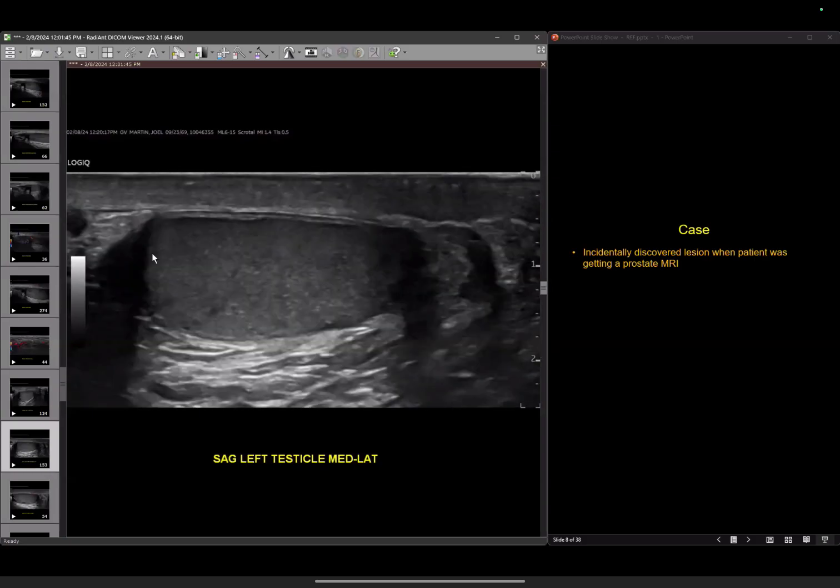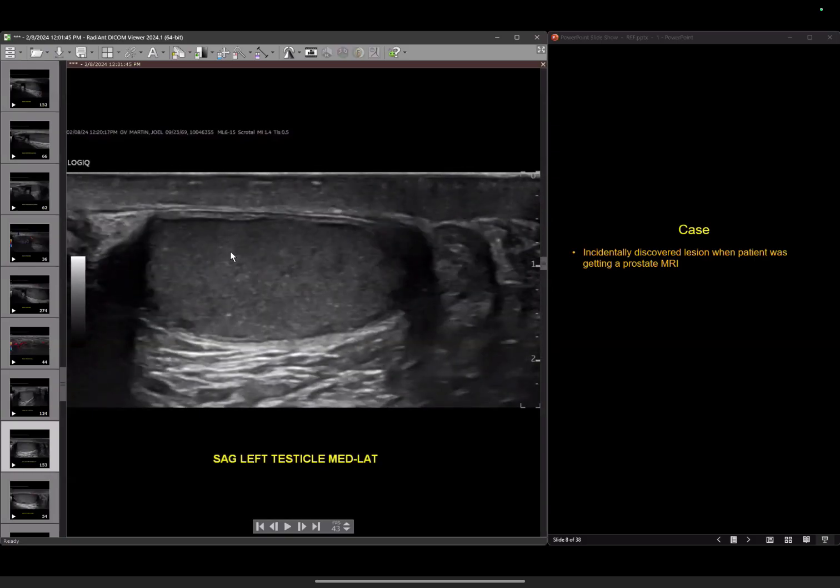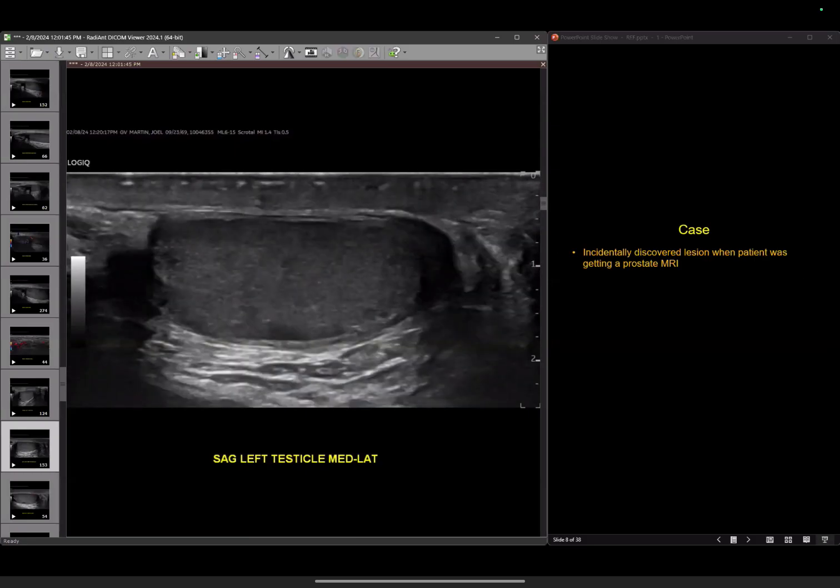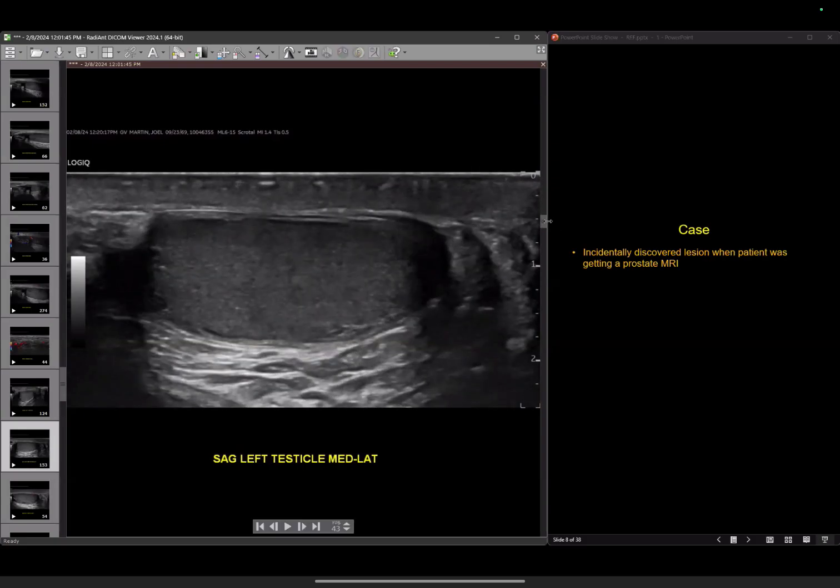So the reason I'm showing this case is one other differential that you always need to keep in mind, which is referred to as Leydig cell hyperplasia, and that's what this patient had. Now, what is Leydig cell hyperplasia? Based on your knowledge of anatomy, Leydig cells are the ones responsible for testosterone production.